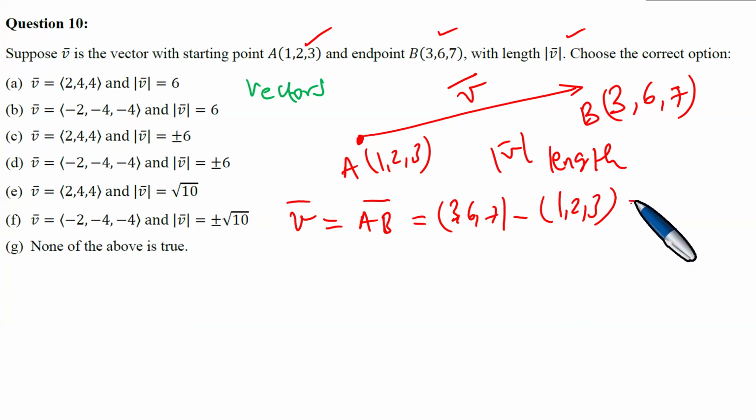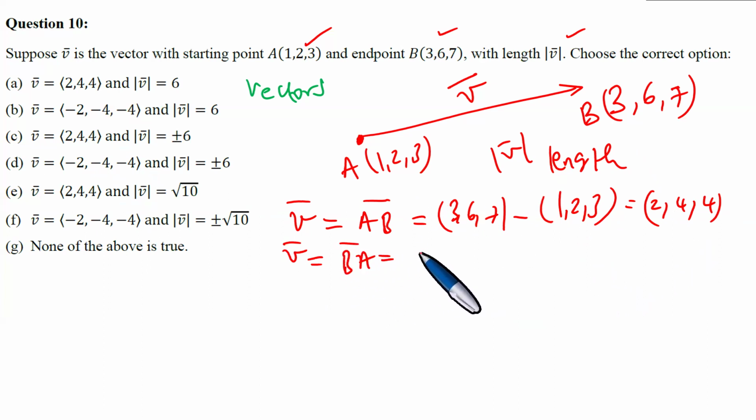You subtract these: 3 minus 1 is 2, 6 minus 2 is 4, 7 minus 3 is 4. Then we are able to get this vector, but it's not the only way to get this vector. You can also say the vector V can be seen as BA, and then it's going to be the negative of this.